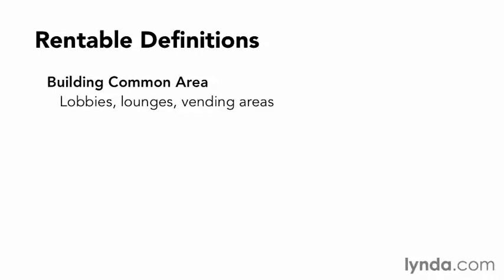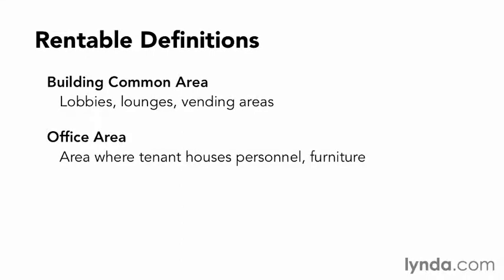Rentable definitions, because we're going to make a rentable plan next, has 6 different types that you can do. One is called building common area, which usually is applied to lobbies, lounges, and vending areas. You also have one that's called office area, where you can use it for tenant, housing personnel, and furniture.